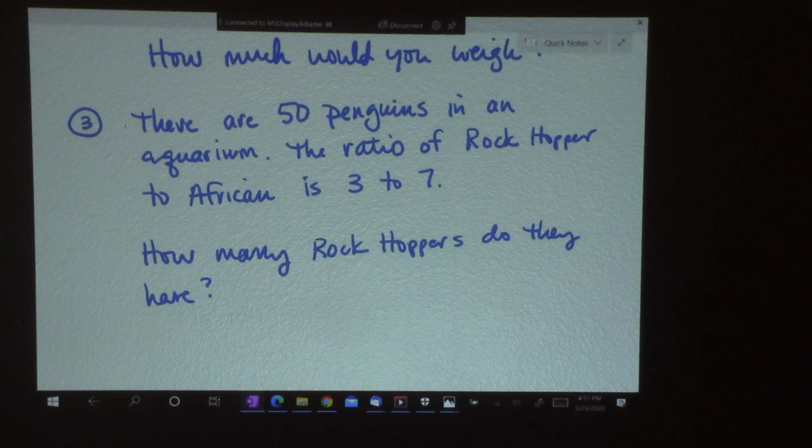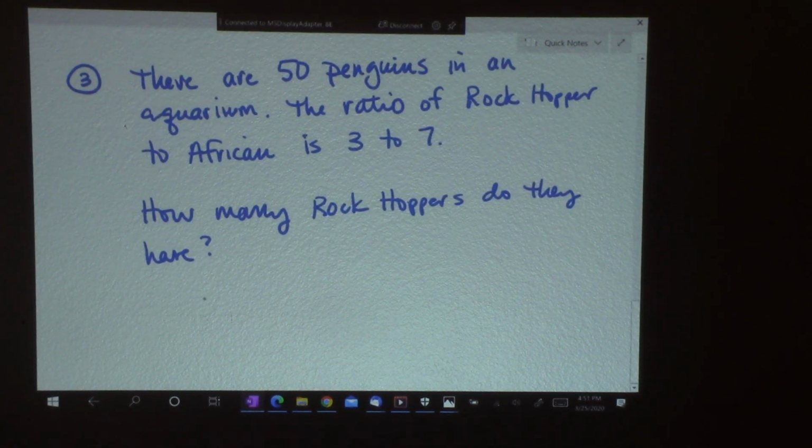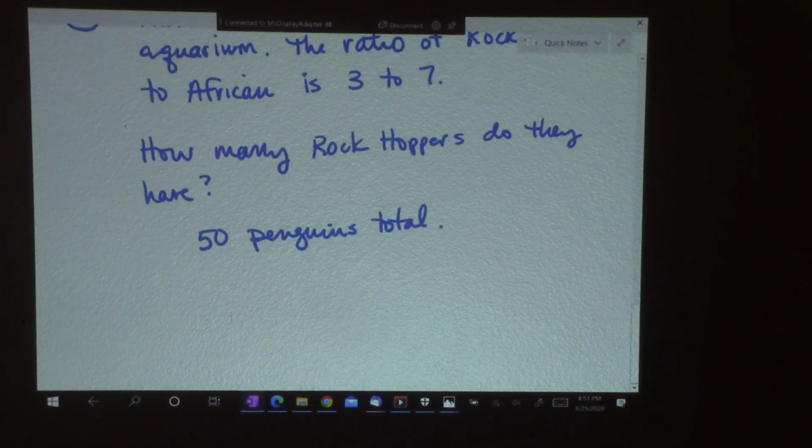Okay. Now, what we're told is I have 50 penguins total. So I want to compare the total of each kind.